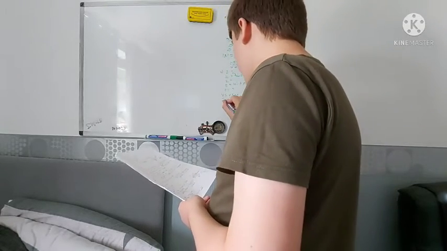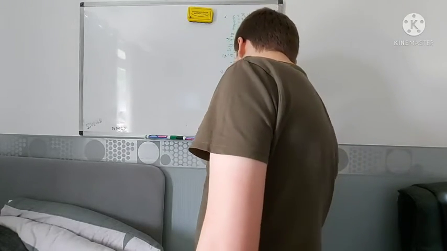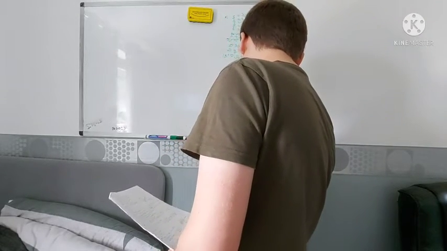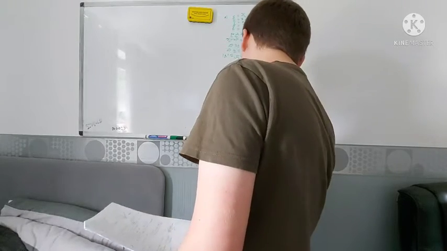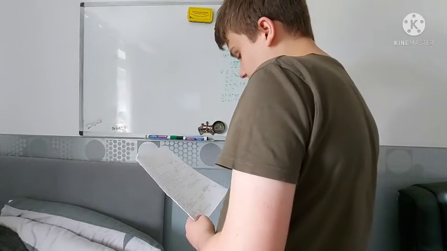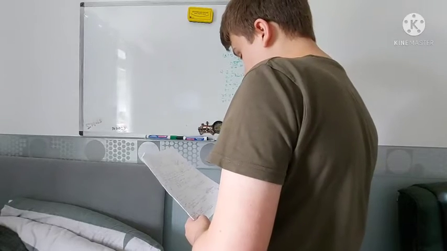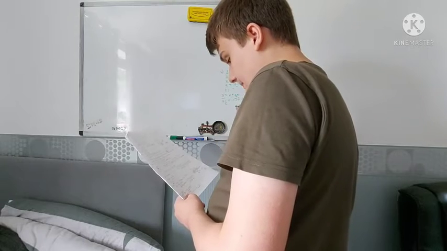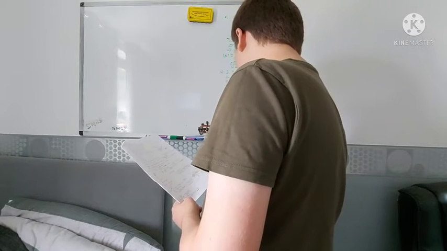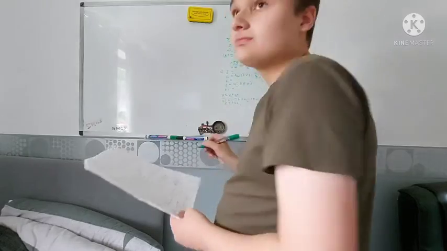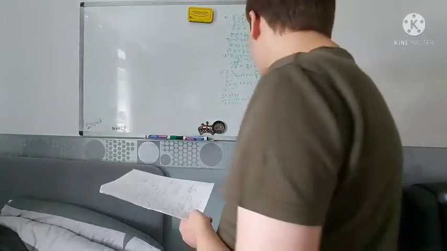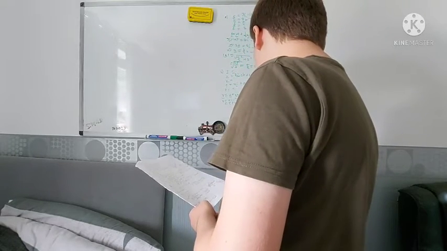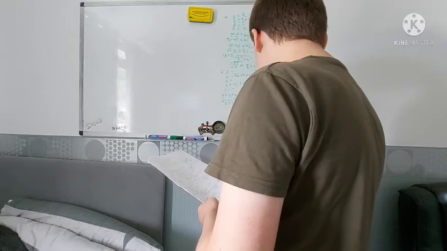So doing that, I'm going to get V is the 5i take away the 7j plus the a, which is the 4i plus 8.8j, times t, which is 5 plus 4t i, take away 7 plus 8.8t j.